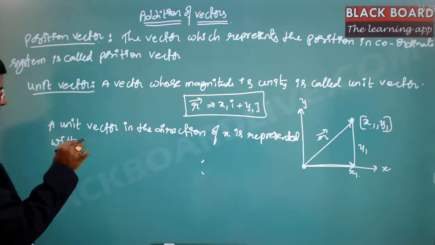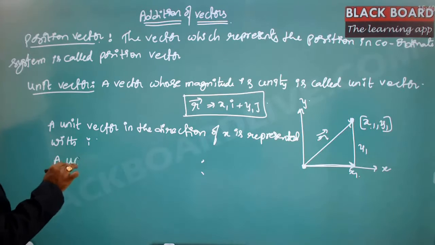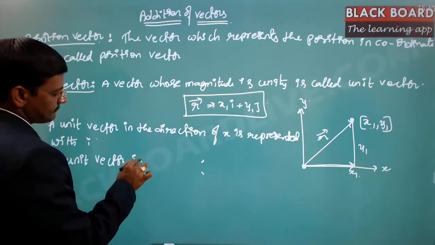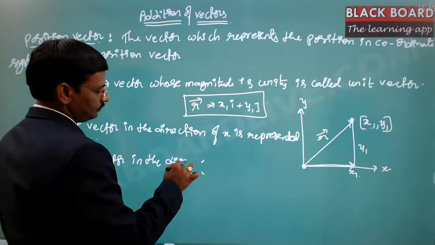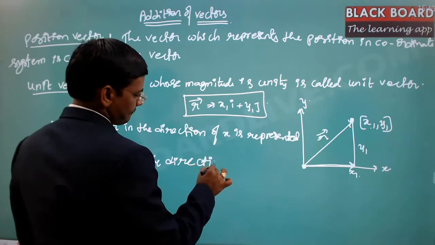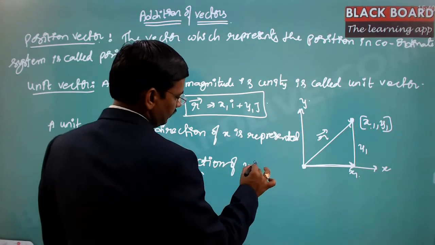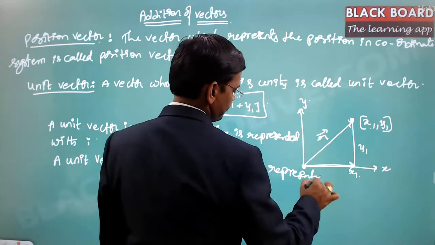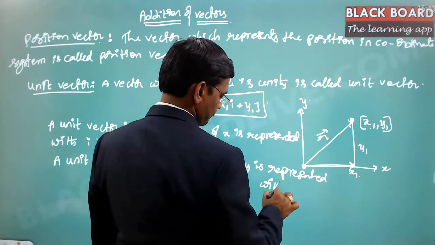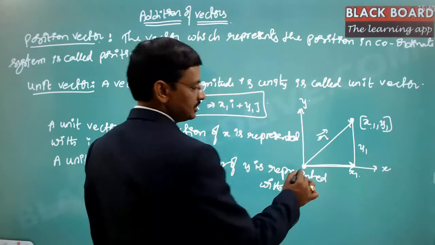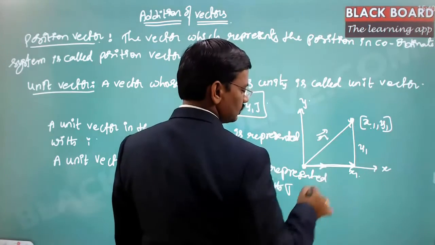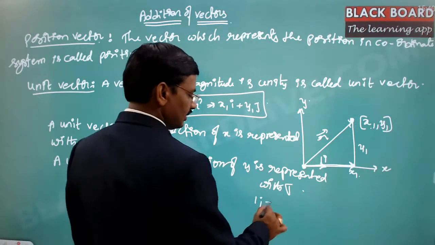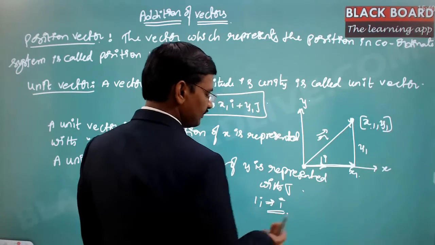And a unit vector in the direction of y is represented with j. Meaning, this is a vector of magnitude 1. So this is 1 into i, which is the vector we usually represent with i.